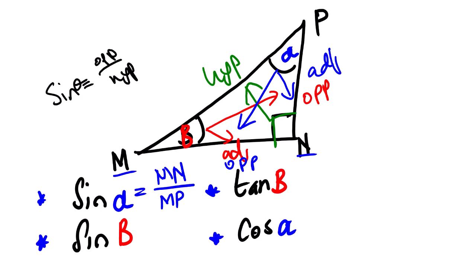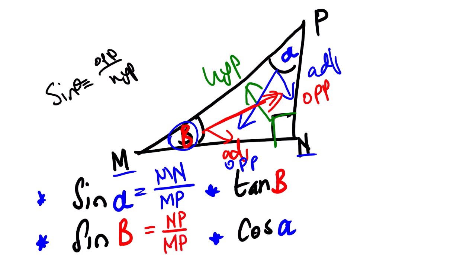Going to sine beta. Now we focus on this one. The expression of sine is still opposite over hypotenuse. So sine beta equals the opposite side of beta, np, over the hypotenuse, which is still mp.